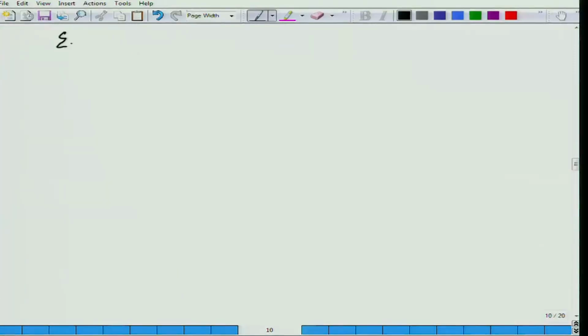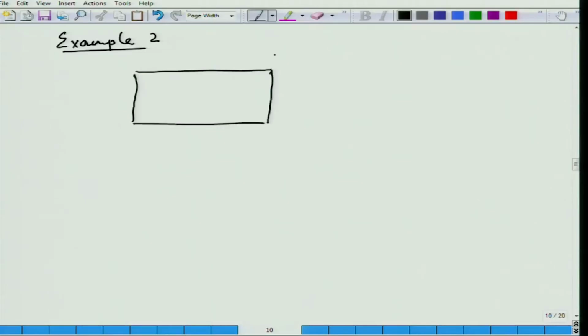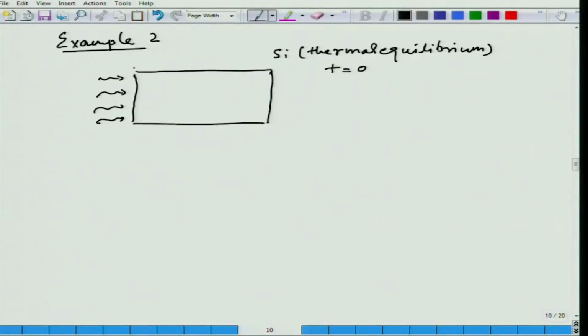The second example for using the minority carrier diffusion equation. We assume a silicon semiconductor which is in thermal equilibrium at t equal to 0, and then I shine light at an edge at time t equal to 0.